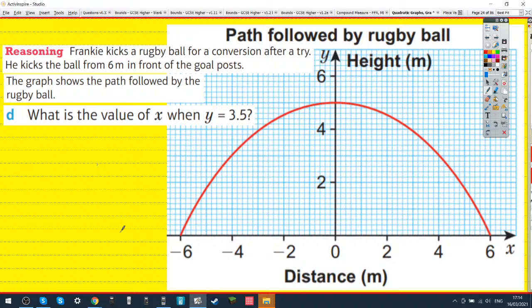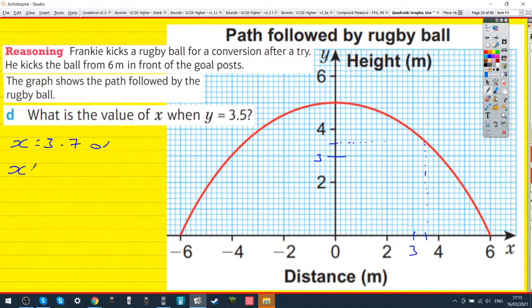So y is 3.5. So there's 3. So 3.5. It's 3. So it looks like it's about there. So what is that approximately? Like 3.7. Okay.